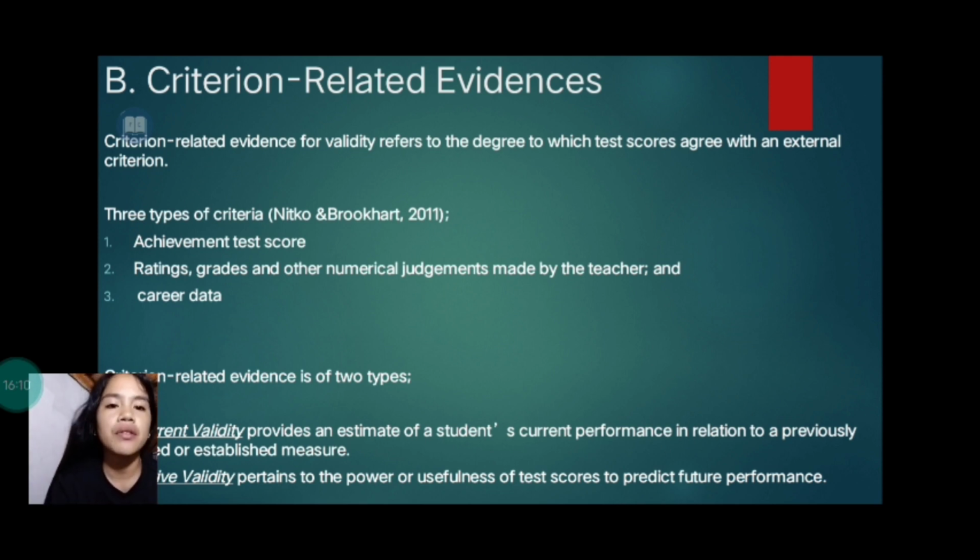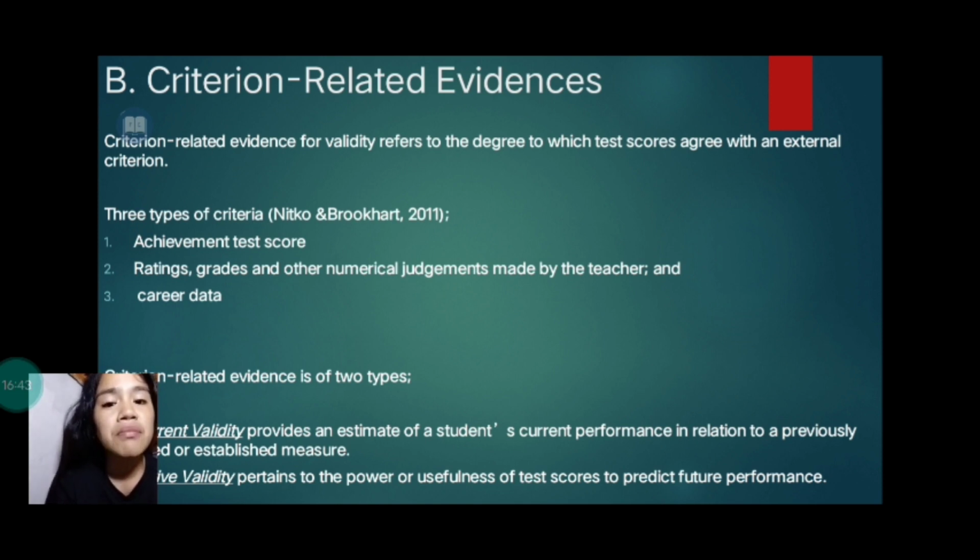There are three types of criteria according to Nitko and Brookhart 2011. Number one, the achievement test score. Second, the ratings, grades, and other numerical judgments made by the teacher. And the last is the career data. These three are types of criteria on how a teacher judges his or her students.